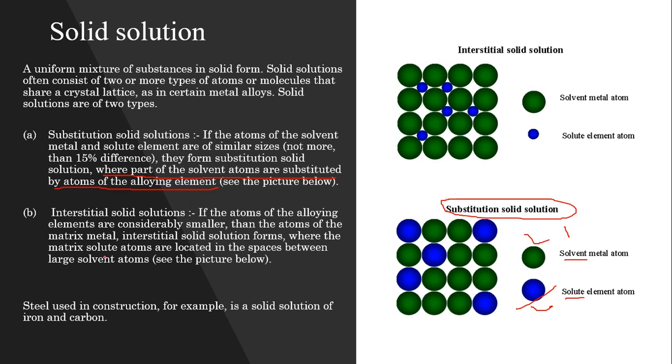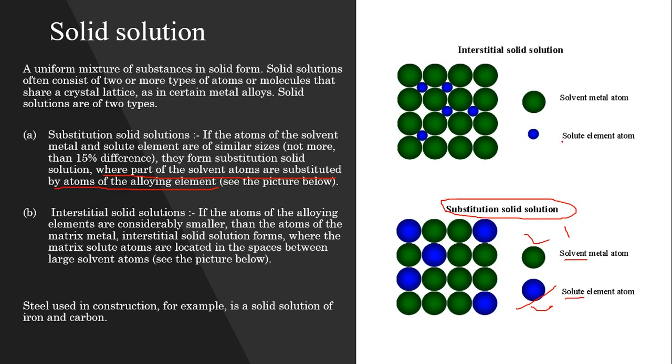Okay, now the next type is an interstitial solution, or interstitial solid solution. First let's look at this picture. You can see here the solvent is the same type of element as it is used in the substitutional solid; here we are also using the same element.